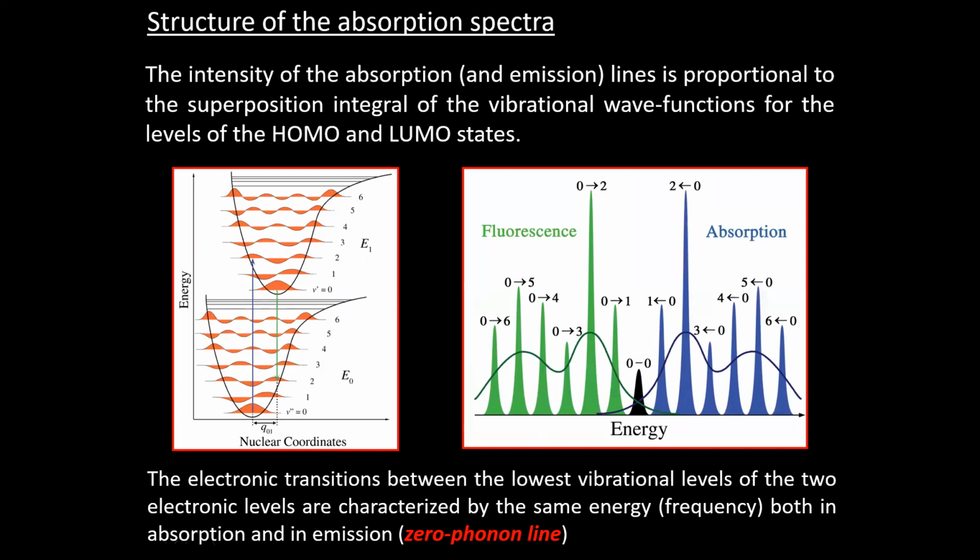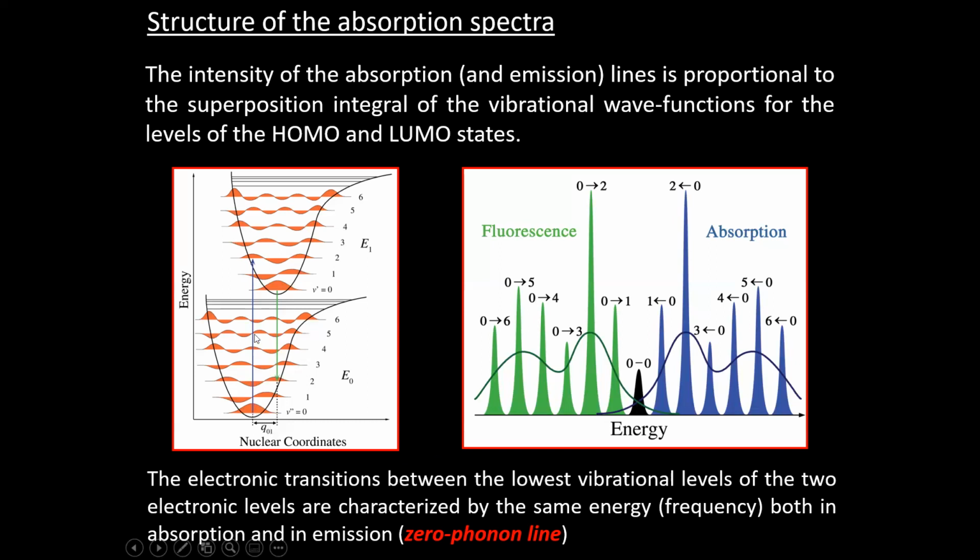Is it clear? Okay. Now, this absorption line here, marked in black, in experimental condensed matter physics, in spectroscopy, is named the zero phonon line. Why is it called the zero phonon line?